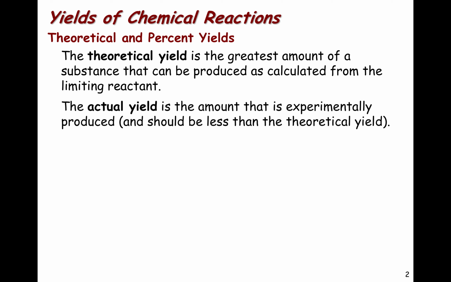In most cases, the actual yield is lower than the theoretical yield. If the actual yield is above the theoretical yield, this usually indicates that there is some sort of contaminant present in the product, and it's usually a determinate error that we could potentially eliminate.